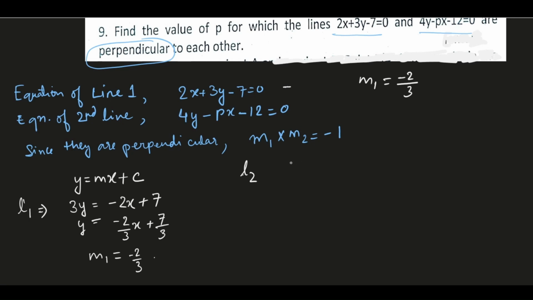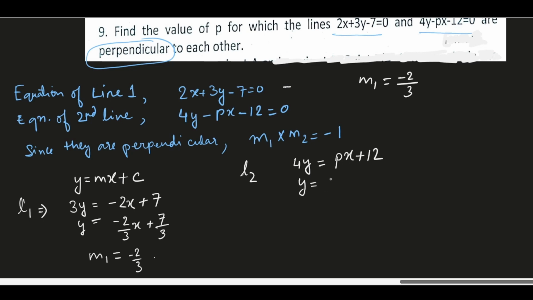Now for L2, means line 2, 4y will be equal to px plus 12. So here y will be equal to p by 4 x plus 12 by 4.